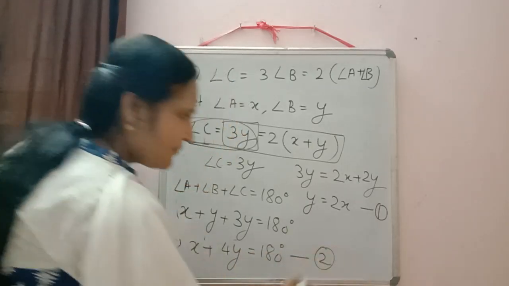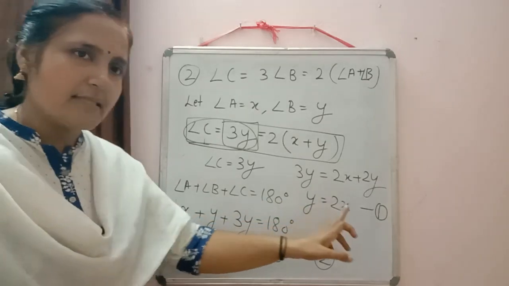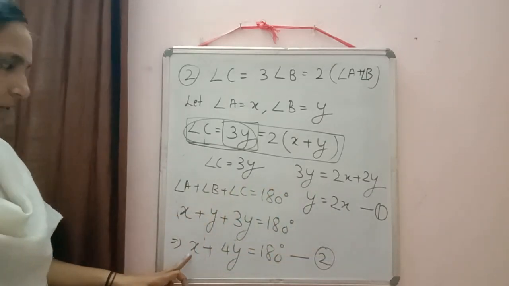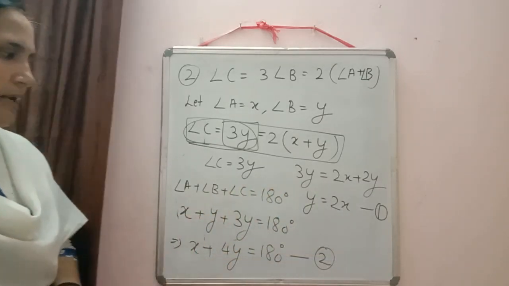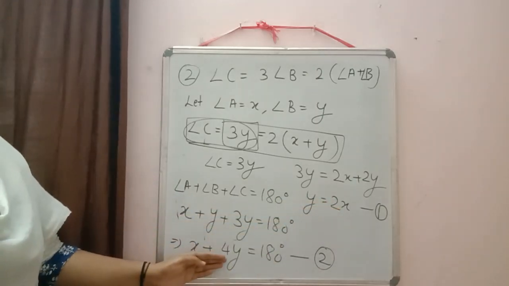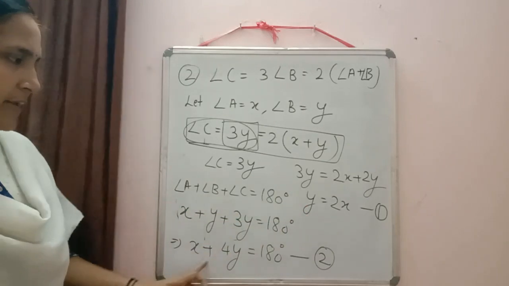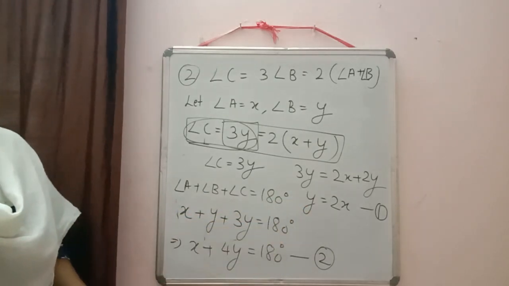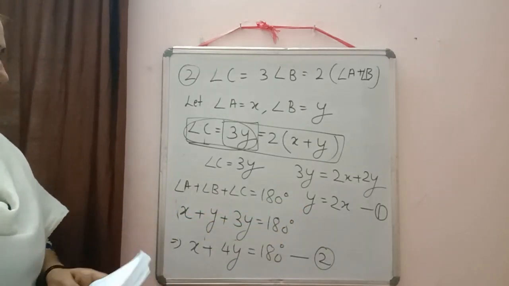Equation 2. From equation 1, y is equal to 2x, and equation 2, x plus 4y is equal to 180 degree. Now directly you can substitute 2x in place of y, get the values of x and y, and after that find out the angles.